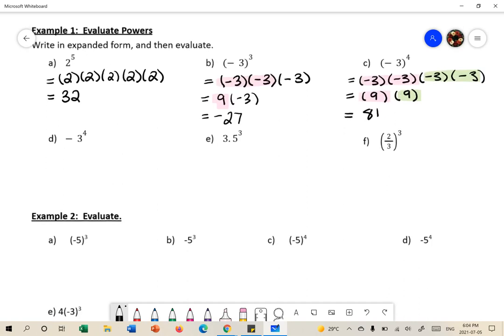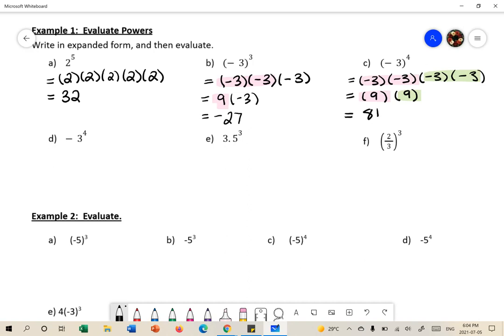Negative 3 to the power of 4. This is different than question C. In question C, the negative was inside the bracket with 3. In D, the negative is not in the bracket with 3.